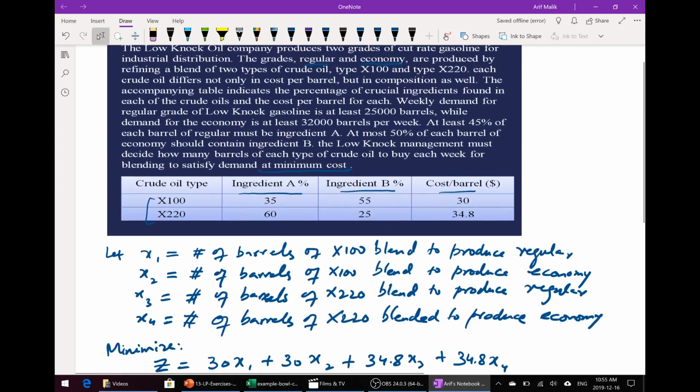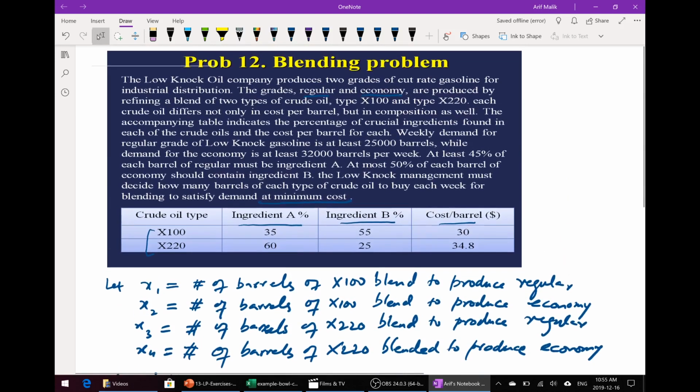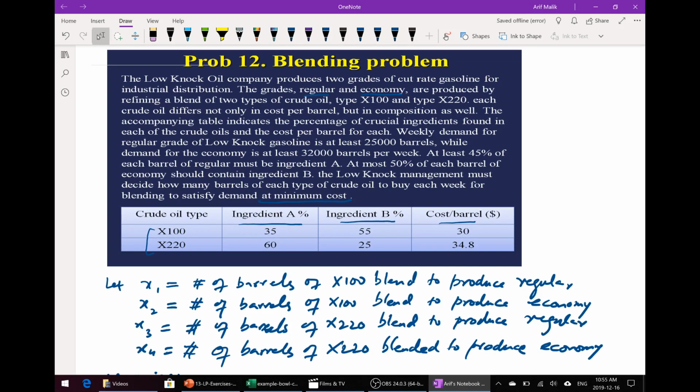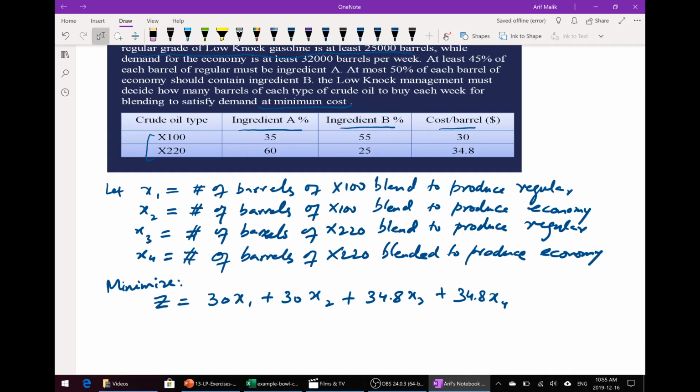Now it says that the regular produced weekly demand of regular grade of low NOx gasoline is at least 25,000 barrels, and regular is produced by these variables here. X1 is the number of barrels of X100 blended to produce regular, and X3 is the number of barrels of X220 blend to produce regular.